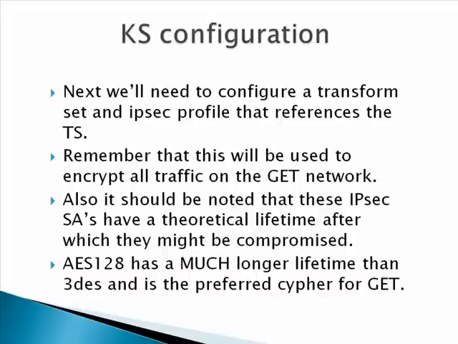So Triple DES, because of the way it's built, has a much lower lifetime. AES 128 has a much higher theoretical lifetime. So the take-home message here is if you're using GET in the real world, use AES 128 or stronger encryption.